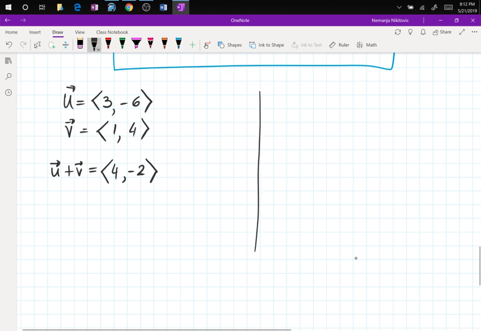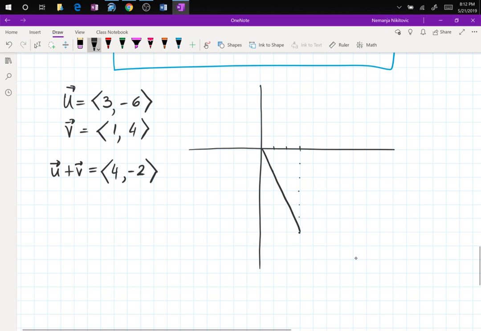And for that, we need to be precise. So I have my 3, negative 6. So 1, 2, 3, 1, 2, 3, 4, 5, 6. So I have the vector u right here.